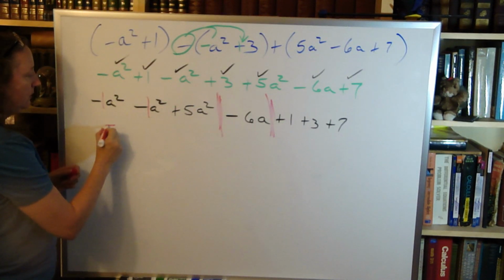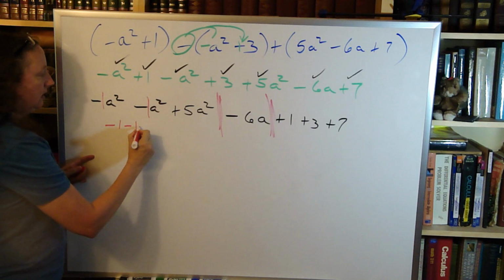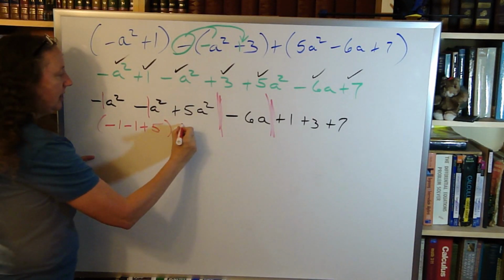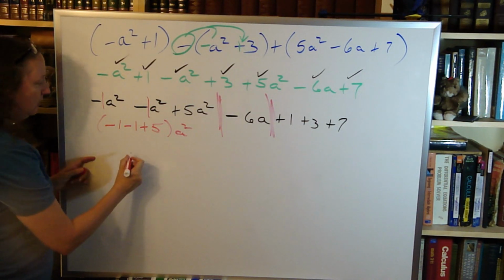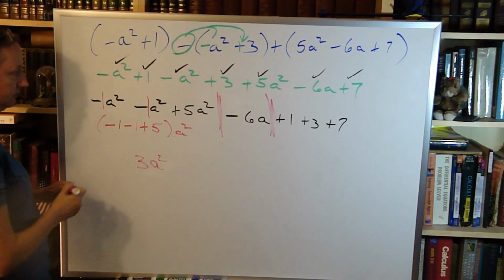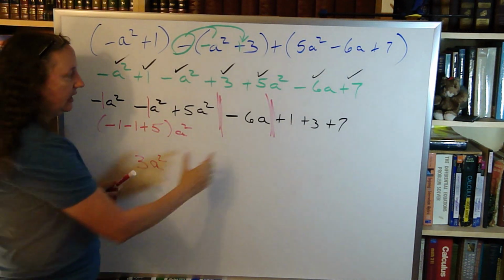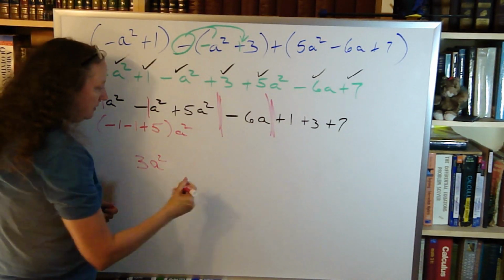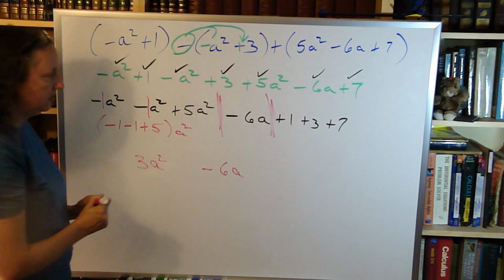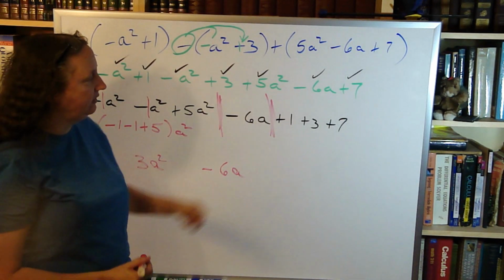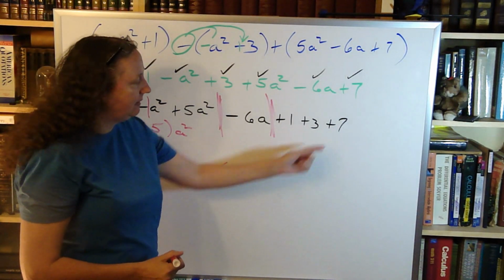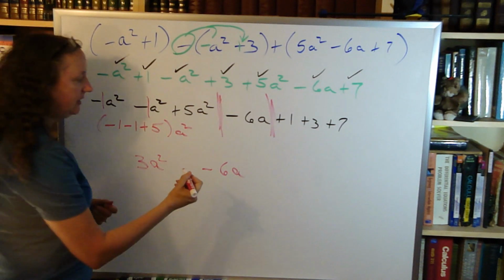So I have negative 1, minus 1, plus 5, all being multiplied by a squared, which gives me 3a squared. Carry down my minus 6a. Go over here, add these together. Plus 1, plus 3, plus 7, that gives me plus 11.